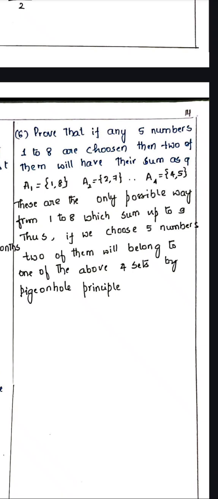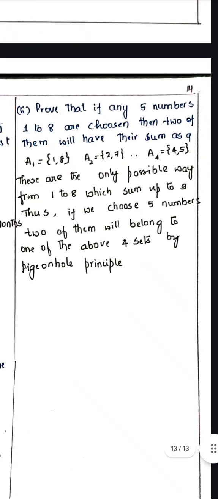A1 equals {1, 8}, A2 equals {2, 7}, A3 equals {3, 6}, A4 equals {4, 5}. These are the only possible ways from 1 to 8 which sum up to 9. Otherwise, if we choose 5 numbers, 2 of them will belong to one of the above sets by the pigeonhole principle.